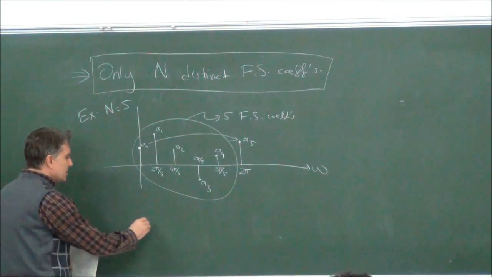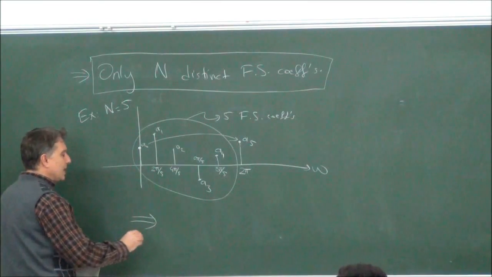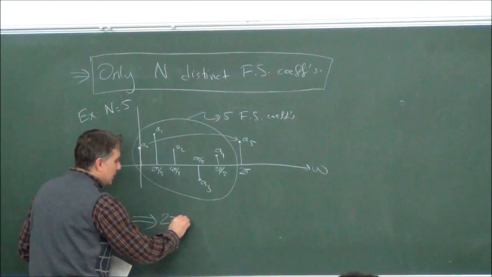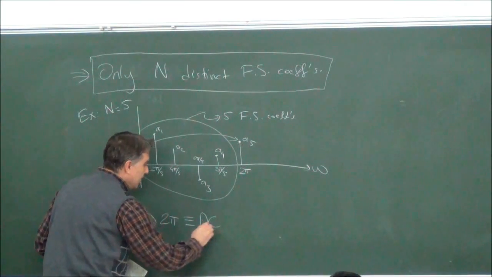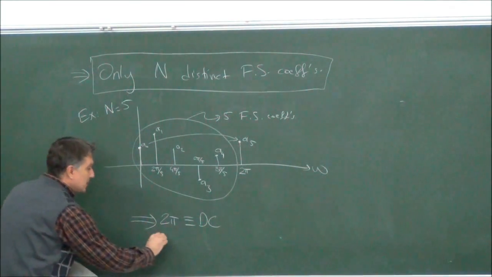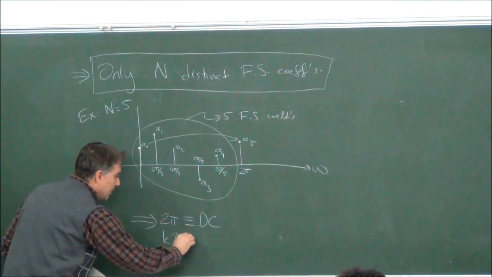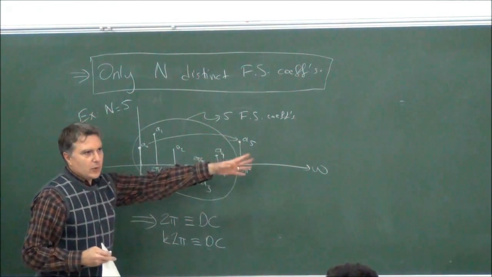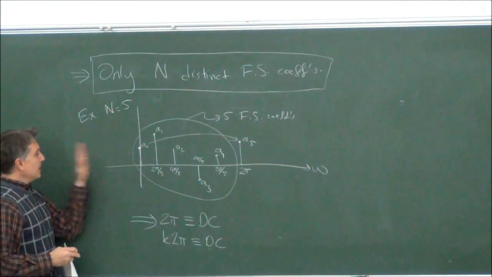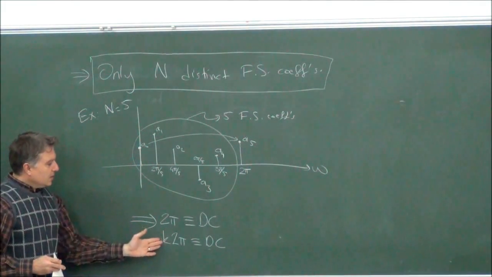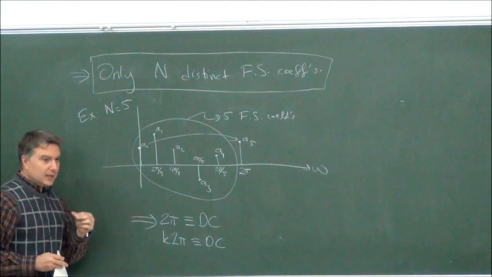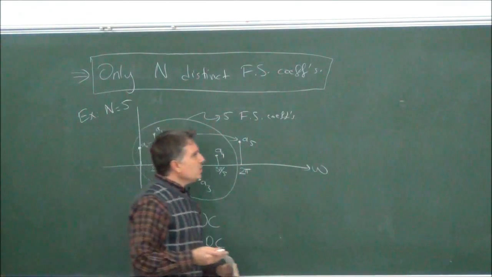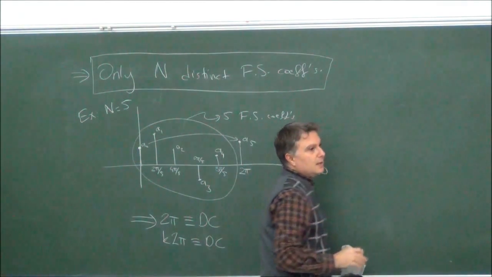This gives us a strong hint about something else. It is saying that 2 pi is the same as DC, and k times 2 pi is the same as DC as well. 4 pi, in other words, is the same. 6 pi minus 2 pi. Any integer multiple of 2 pi is equal to DC. If you're having a DC, then how can you associate the corresponding filters then?